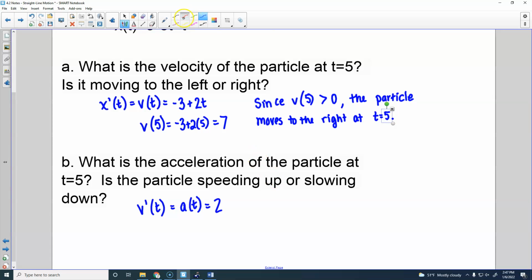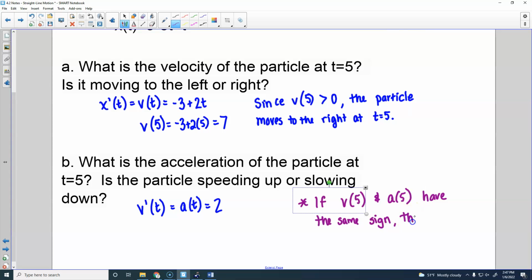So the really easy way to remember this, and I'll write this down here for you: if v of 5 and a of 5 have the same sign, the particle speeds up.